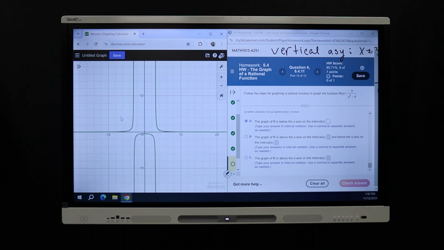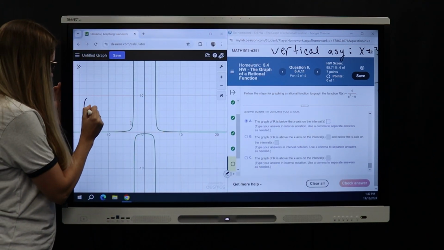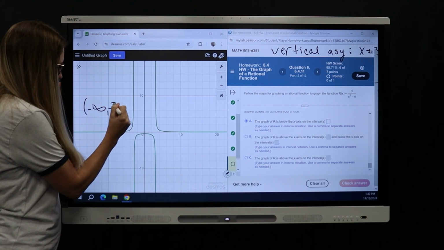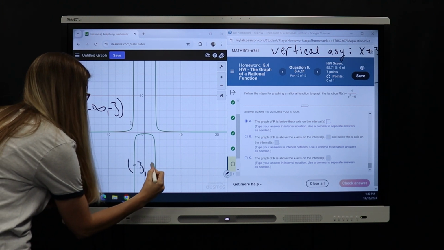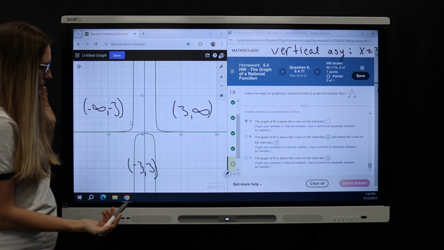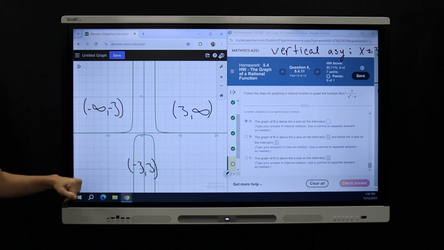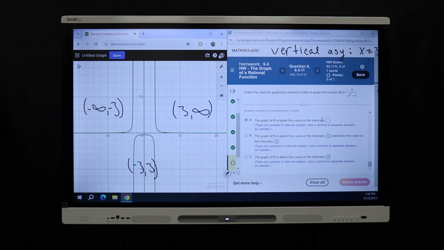Scoot our graph over. So we know from our domain, because we didn't have any intercepts, this is going to be negative infinity to negative 3, and it's above. Right here is our negative 3 to 3, and then this is our 3 to infinity. So, above, below, and the graph is below the x-axis, above.